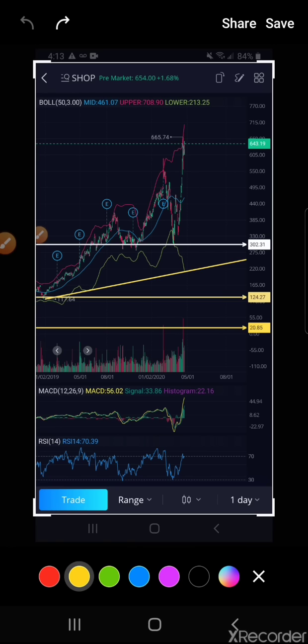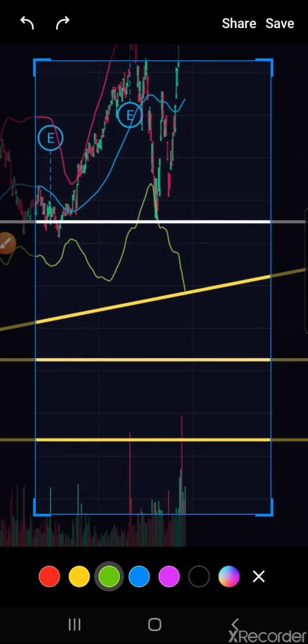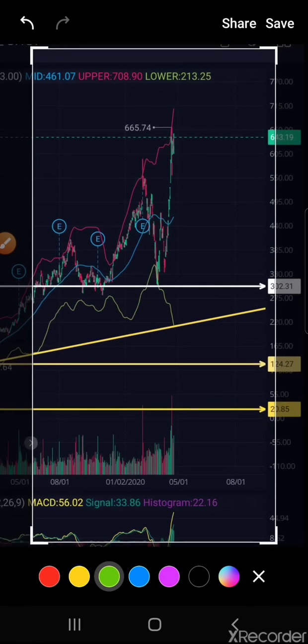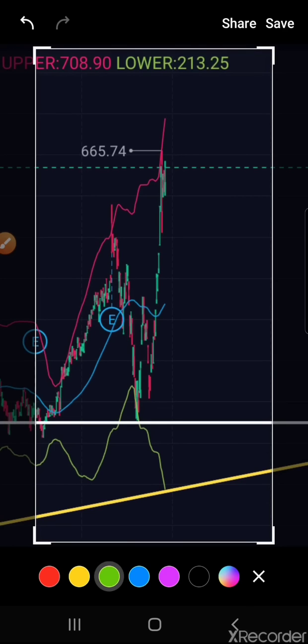Matter of fact, let me just notate this here. Yeah, so you can clearly see that big spot right there on Shop 665.74, and that candle. You see how it pushed on that third Bollinger Band?